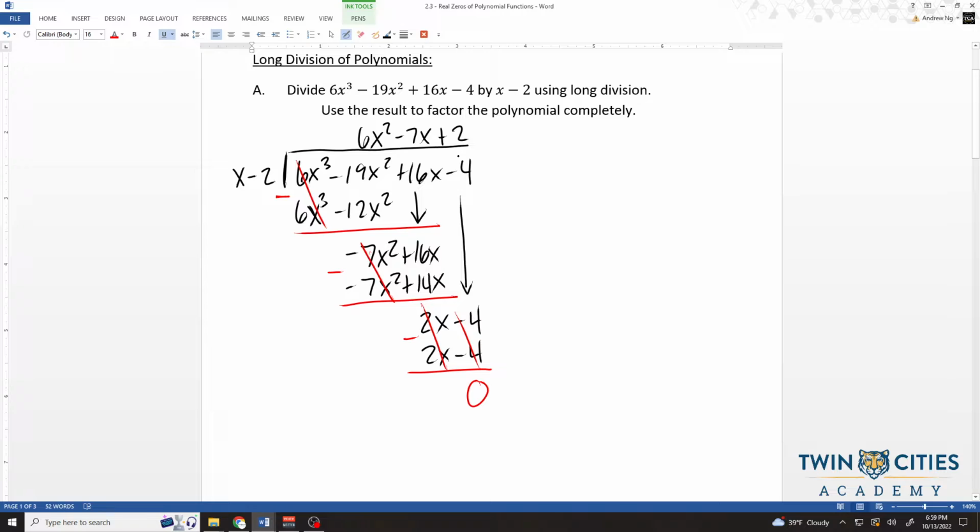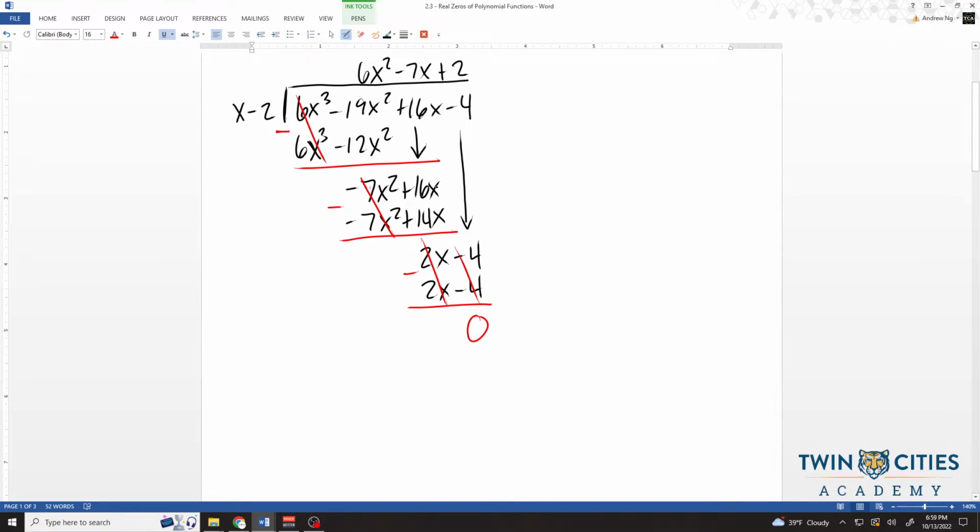So far, I've got the following: x minus 2 times 6x squared minus 7x plus 2. But I know I can factor this further, so I'm going to do that over on the right side here.